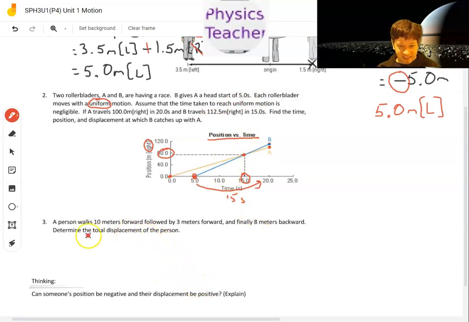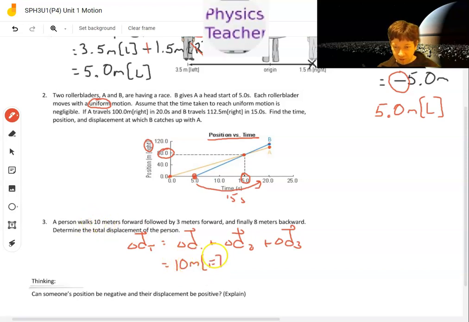Now, the last question says, a person walks 10 meters forward, then 3 meters forward, and finally 8 meters backwards. Find the total displacement. Right, so our total displacement is just the sum of all the other displacements: delta D1 plus delta D2 plus delta D3. So first is 10 meters forward, plus 3 meters forward, plus 8 meters backwards.